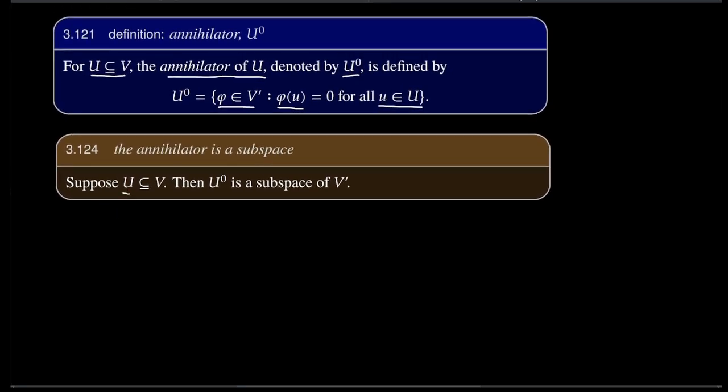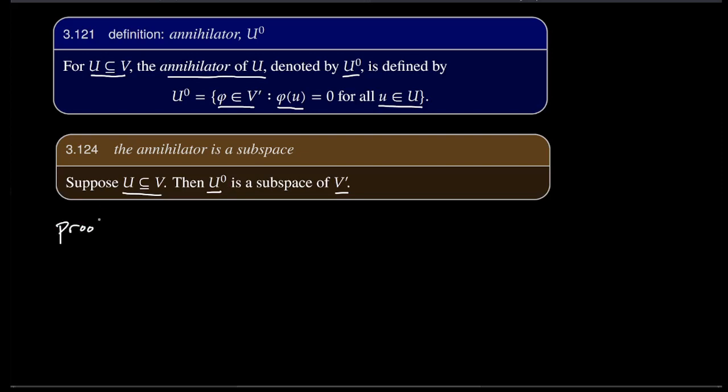If we take any old subset of V, then U0 is a subspace of the dual space. Oh, cool. Now, if V is finite dimensional, then the dual space is isomorphic to V, and so this subspace, the annihilator, is isomorphic to some other subspace of V. So this lets us take subsets and get at subspaces somehow associated to them.